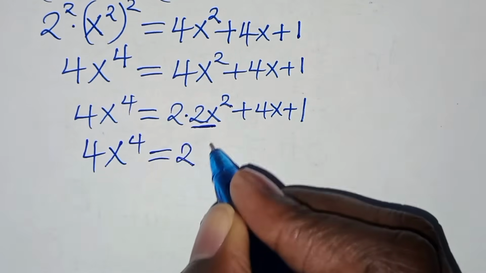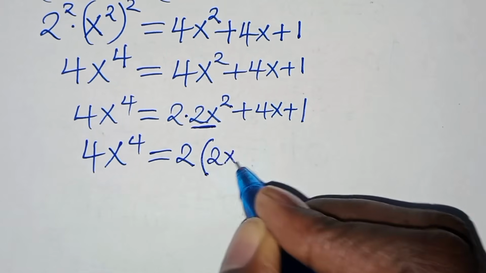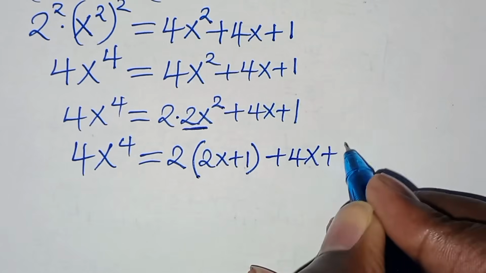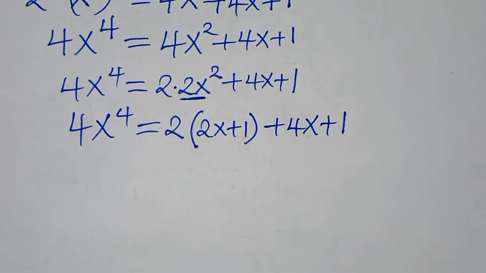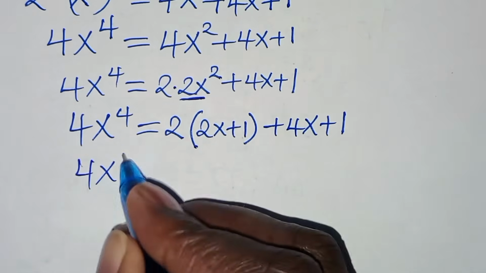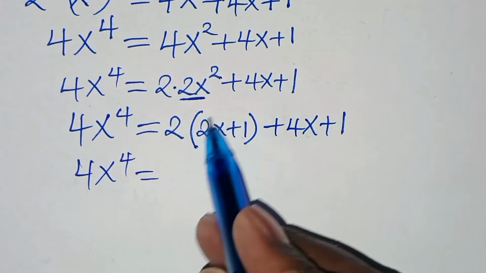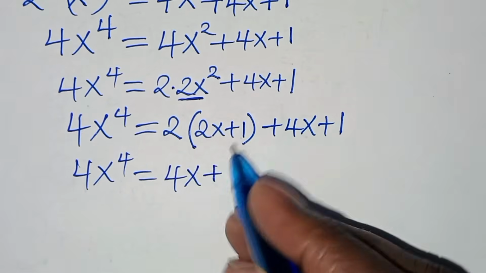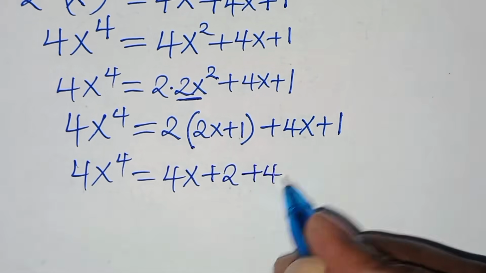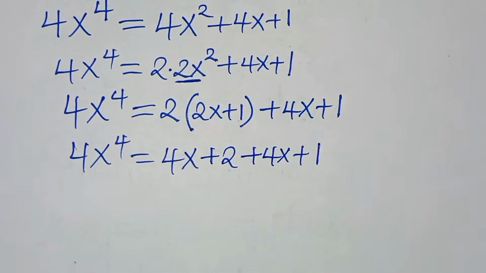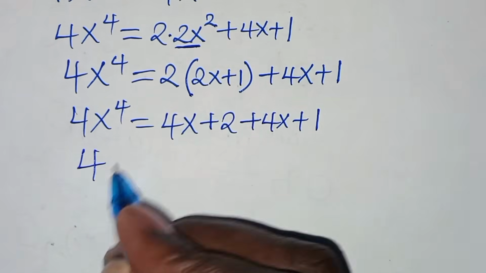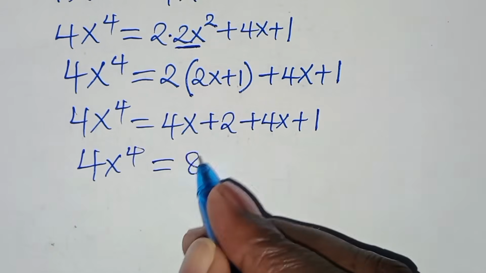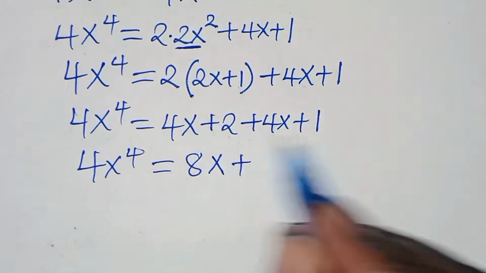This is equal to 2 multiplied by 2x plus 1 plus 4x plus 1. So here we have 4x to the power 4. This is equal to 2x times 2, this is 4x, plus 1 times 2, this is 2, plus 4x, then plus 1. So this implies that 4x to the power 4, this is equal to 4x plus 4x, this is 8x plus 2 plus 1, this is 3.